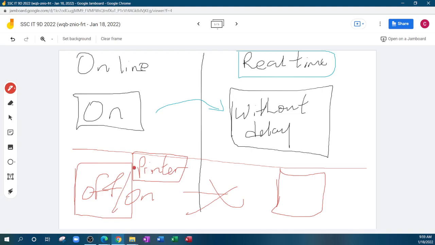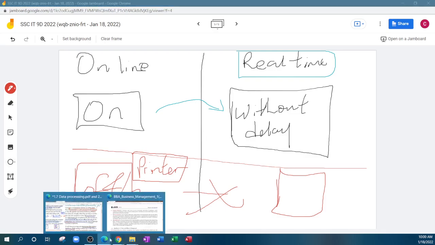But if a device is online, that does not mean it is real time. It doesn't mean it's going to process the data right away. There could be some delay. Are you guys clear on that? Yes, sir. All right, good.